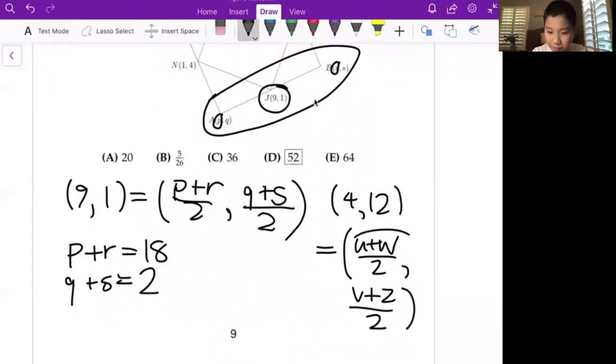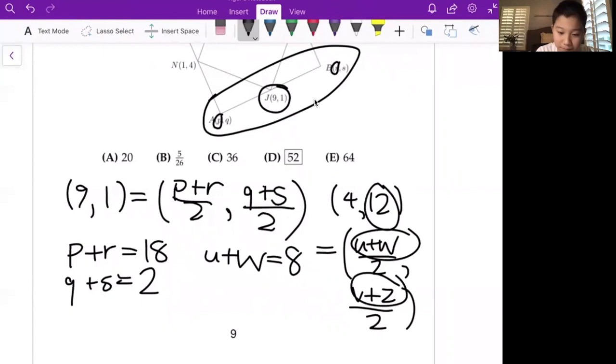So you get U plus W is 4 times 2, which is 8, and V plus Z is 12 times 2, or 24. V plus Z equals 24.